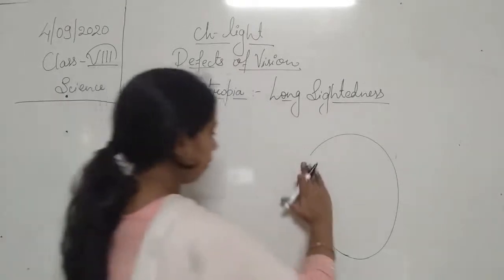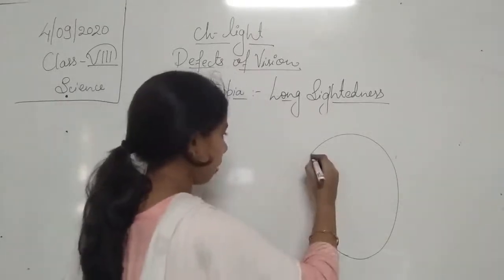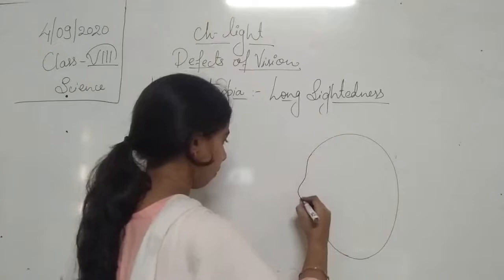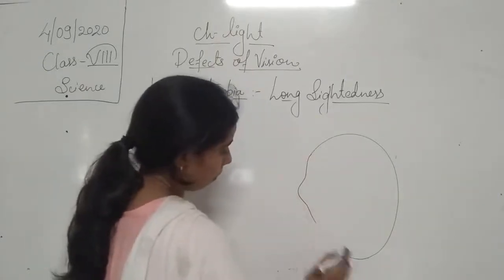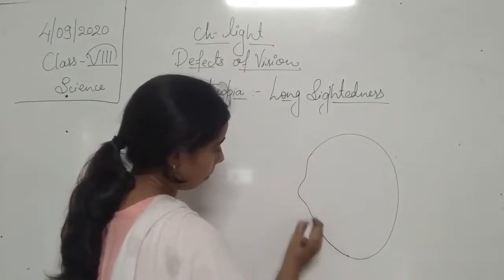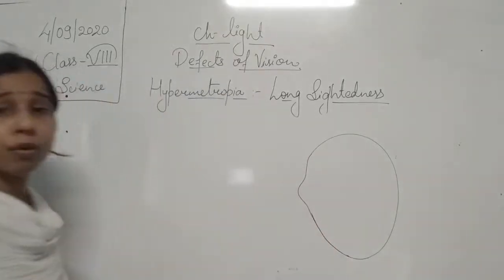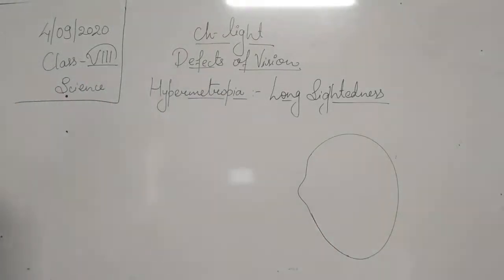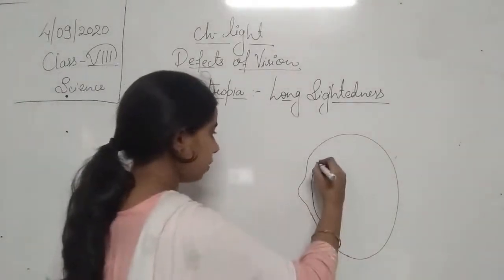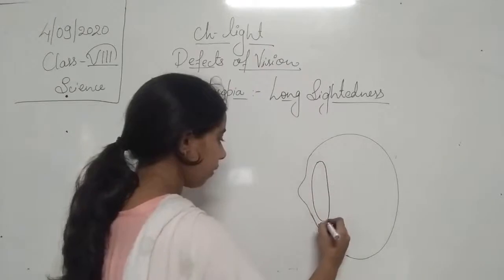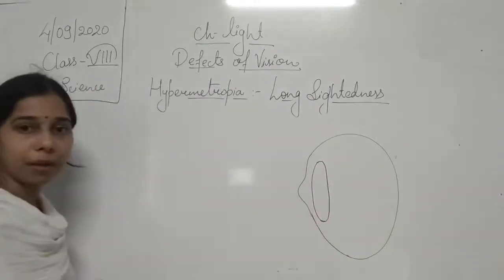Okay, if this one is the eyeball, you can see here, student, this one is water, this is the biconvex lens which is present in the eye.